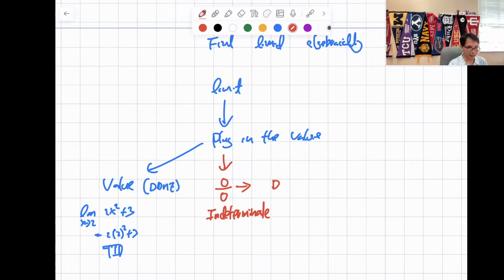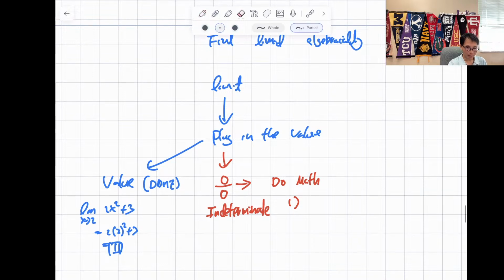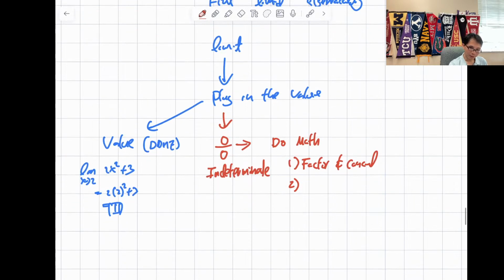So if it's indeterminate, you're gonna do math. You're gonna be like, duh, what kind of math? First thing is factor and cancel. Second thing is combine fractions.